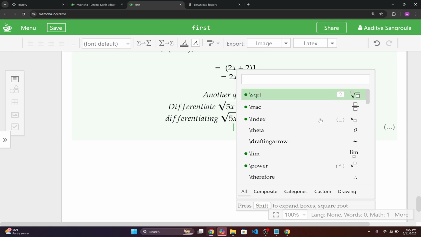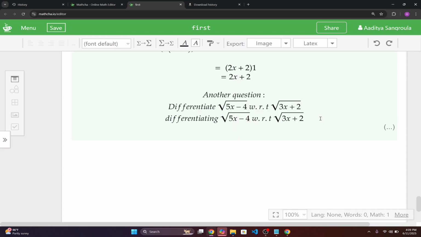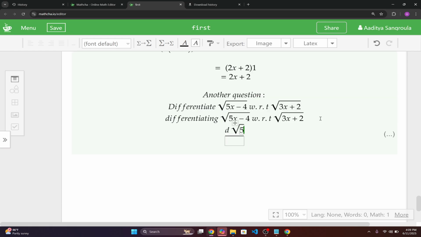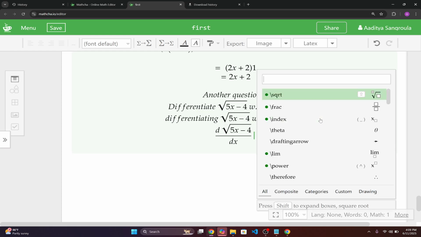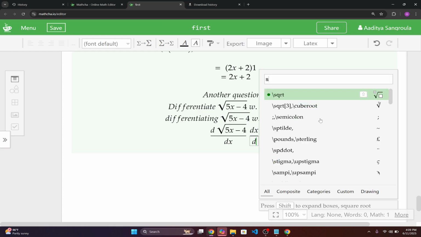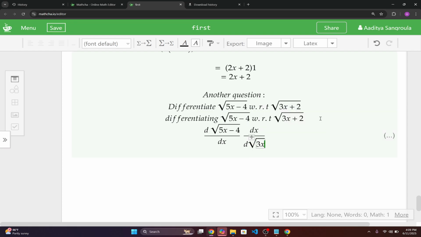So that's going to be giving me the square root, frac d of square root of 5x minus 4 divided by dx times frac dx over d square root of 3x plus 2.